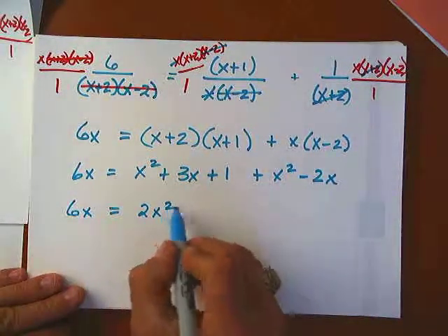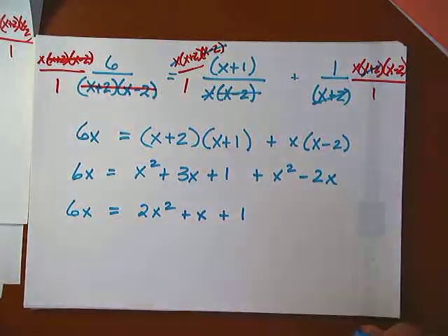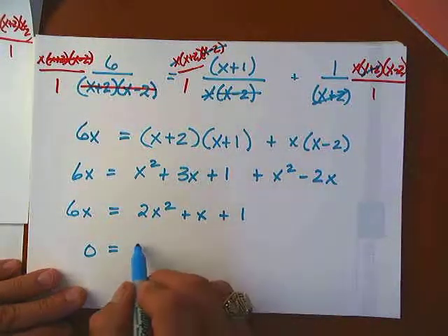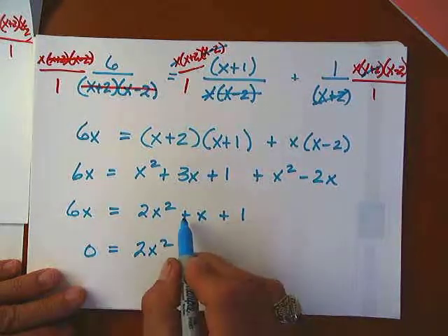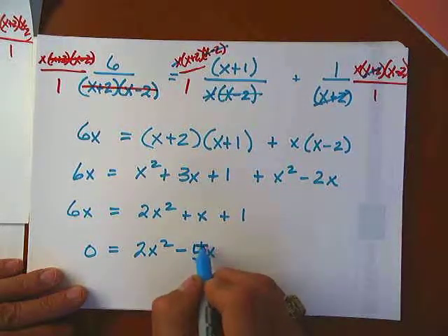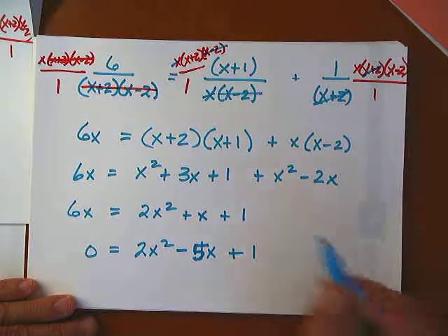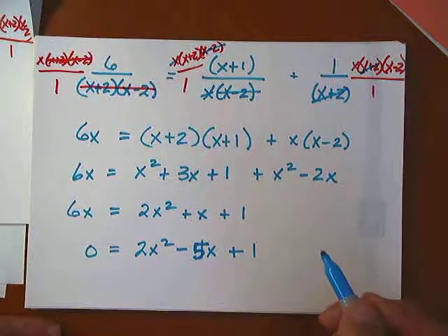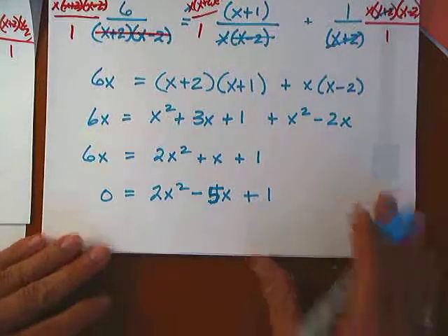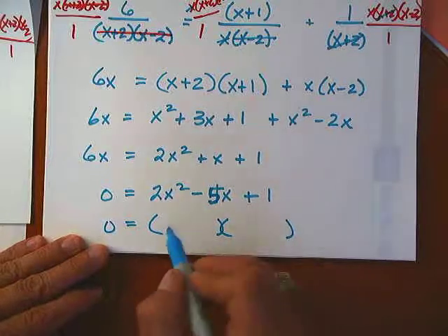So 6x is equal to x squared plus 3x plus 1 plus x squared minus 2x. Combine like terms. 6x is equal to 2x squared plus x plus 1. Bring the 6x over. 0 is equal to 2x squared minus 5x plus 1.